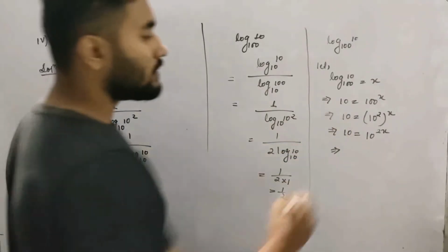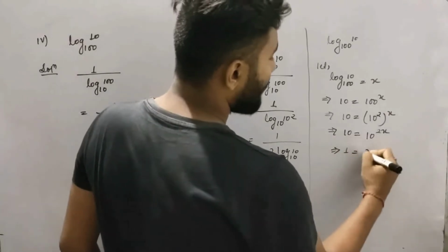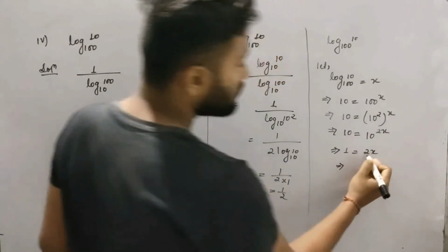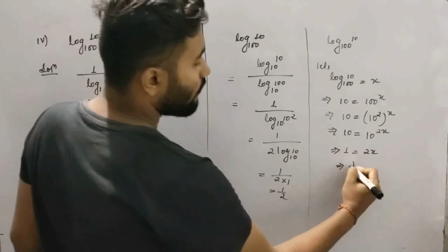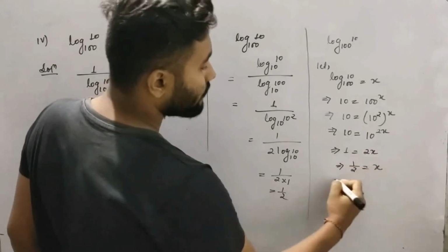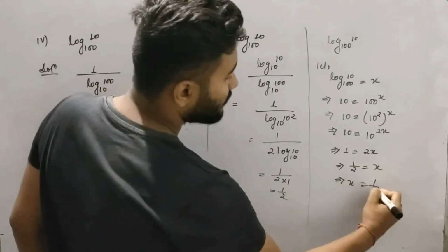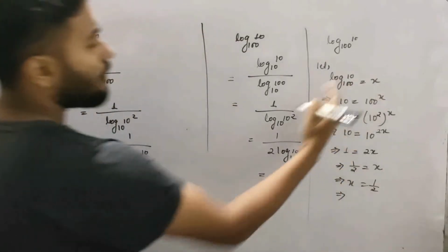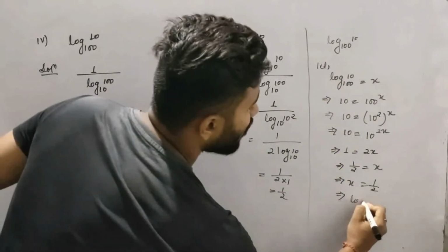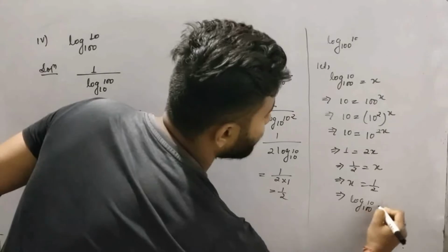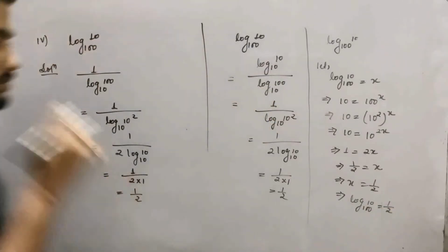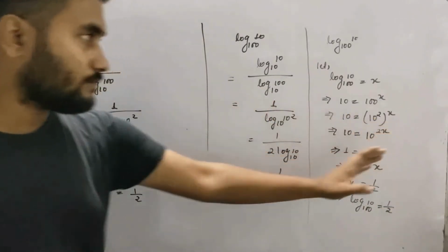Over here the power is 1, and over here the power is twice x, which implies 2 is multiplied over here. It will be 1 by 2 is equal to x. So x is equal to 1 by 2, and our x is our question, that is log 10 base 100 is equal to 1 by 2.